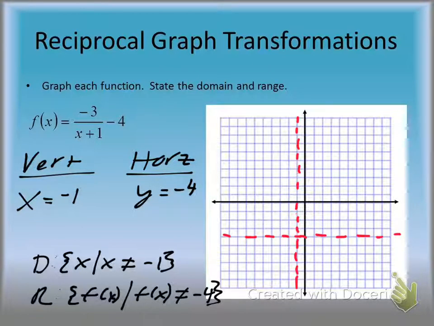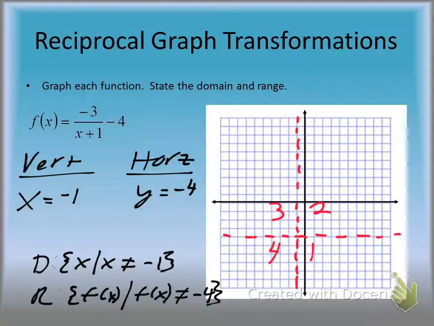Okay, and the question I'm going to ask you next is, I'm going to write numbers in red. 1, 2, 3, and 4. What 2 of those sections is my graph going to appear in? Which 2 parts of that 4-part graph, according to my asymptotes, will the graph show up in?